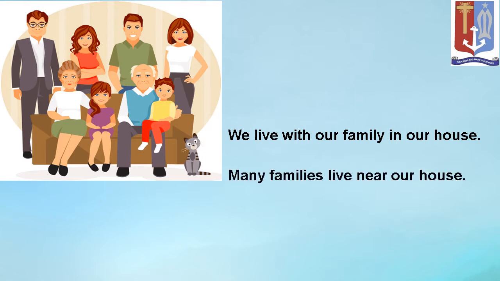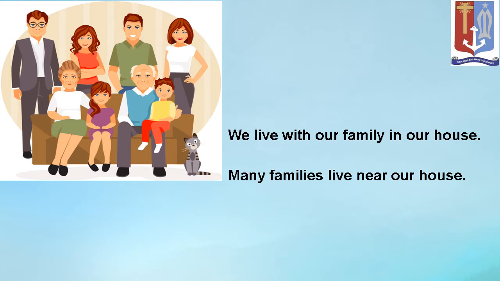Many families live near our house, so you might have a house on the left hand side and the right hand side of your house. You might have another house which is opposite your house or behind your house. All these houses that surround your house are your neighbors. There are families that live in those houses.